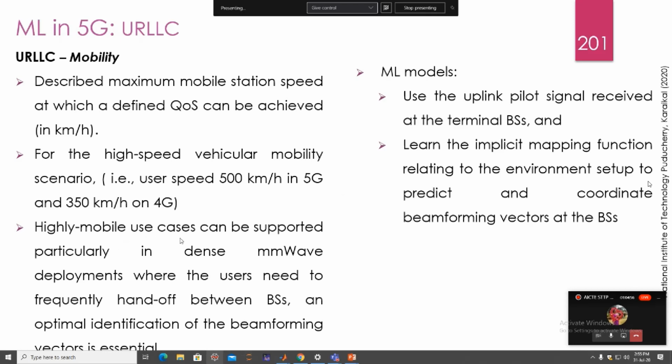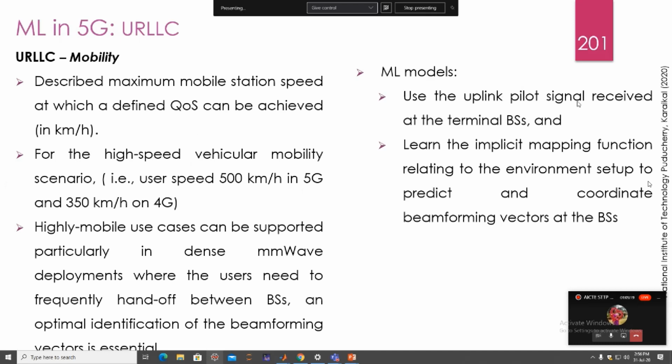High mobility use cases can be supported, particularly in dense millimeter wave deployments, where the user needs to frequently hand off between base stations, and optimal identification of the beamforming vector is essential. So these ML models can help to overcome this mobility problem.